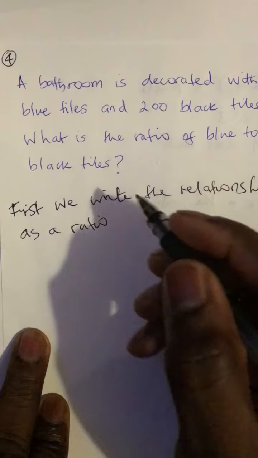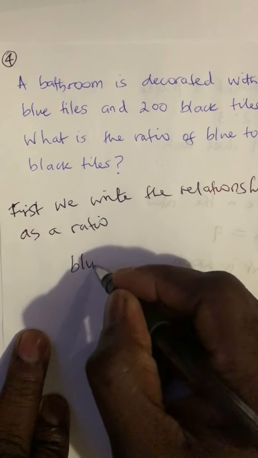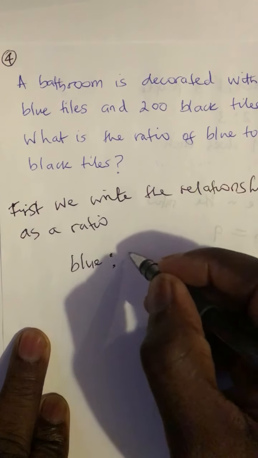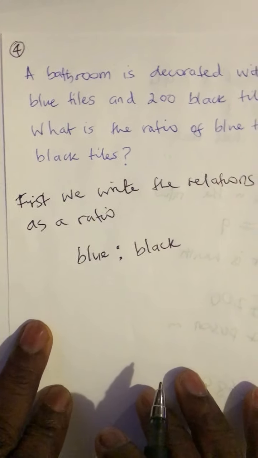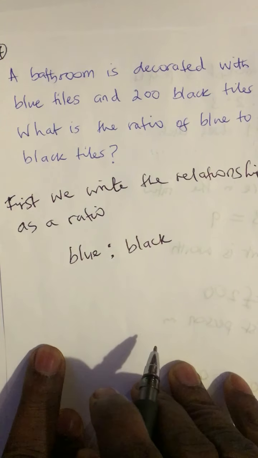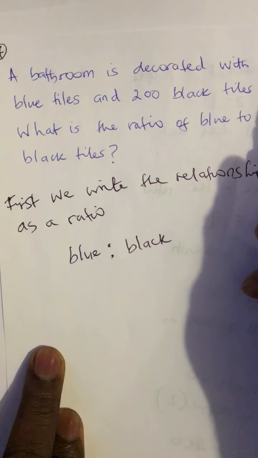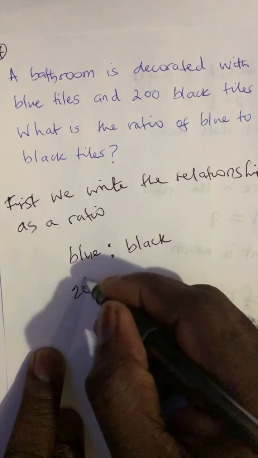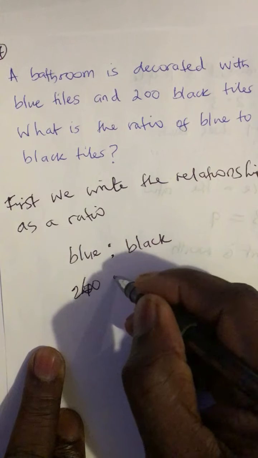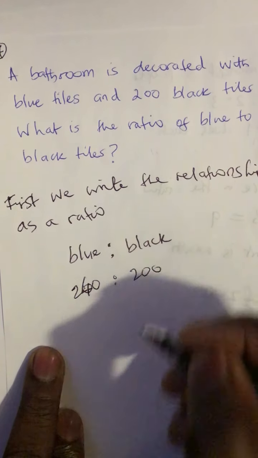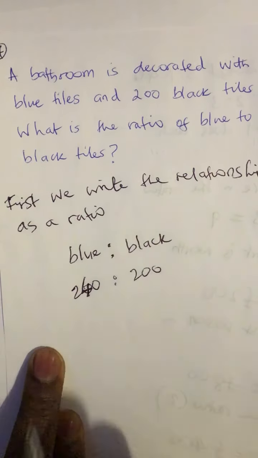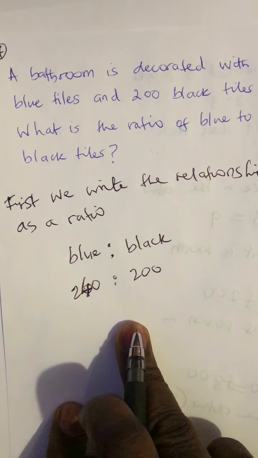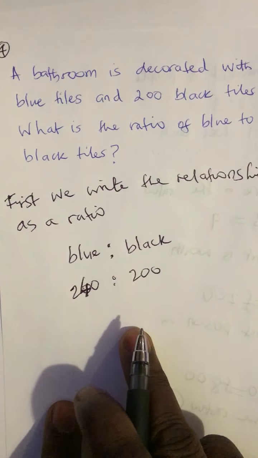We have blue tiles to black tiles. Then we have 240 blue to 200 black. Since we have 240, we can simplify these values to the smallest value.